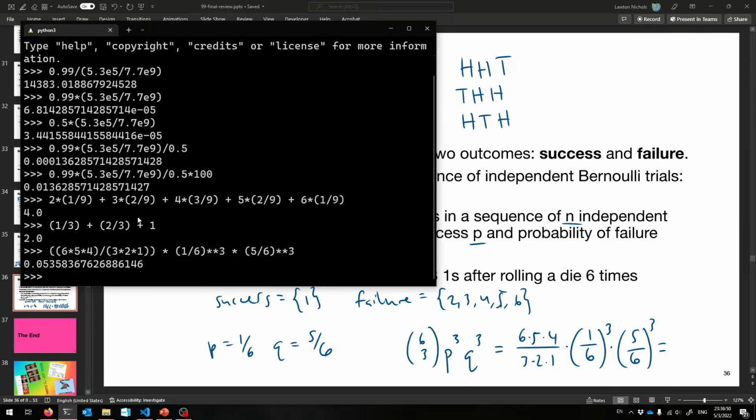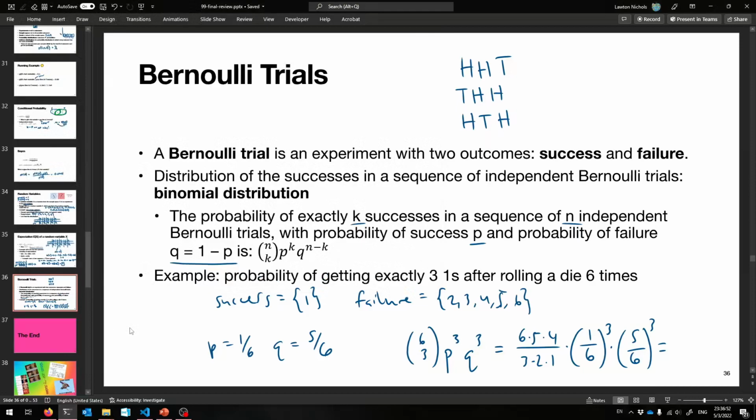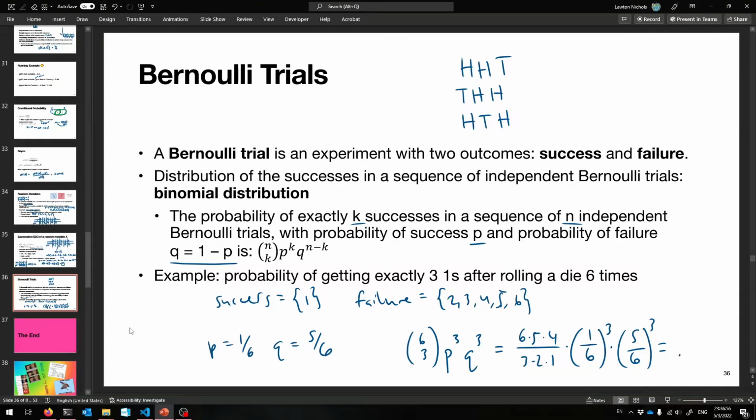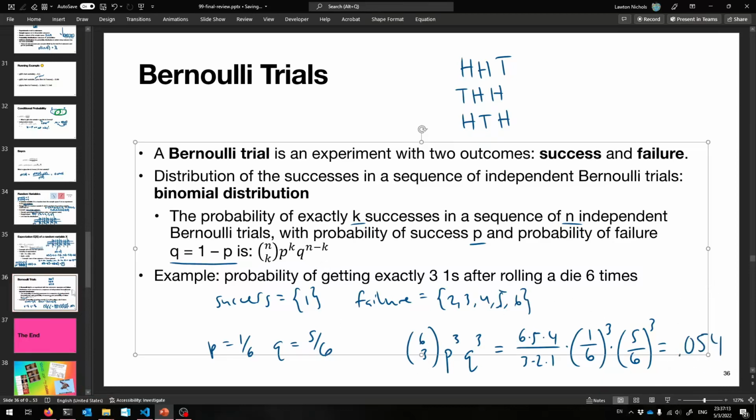And that appears to be 0.054. So that's actually bigger than I thought it would be. 0.054. And so that's about 5.4% chance of seeing exactly 3 ones when you roll a die 6 times. So it's actually not horrible odds, but it's still quite unlikely. Yeah, like a 1/20th chance that you see that happening.